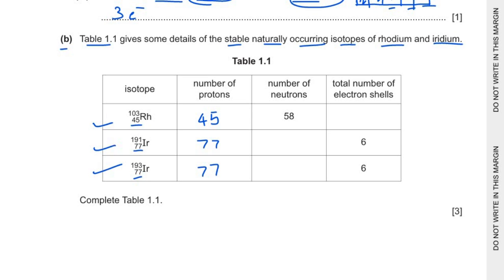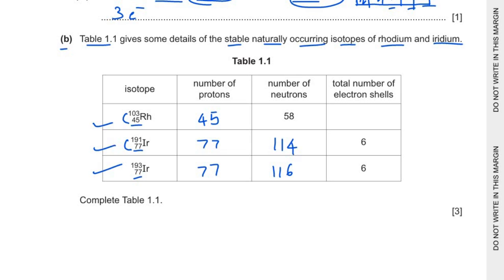Now the number of neutrons is something which you have to find by subtracting these two numbers, and that is going to be 114 for iridium, because if you subtract 77 from 191 you get 114, and here you get 116.